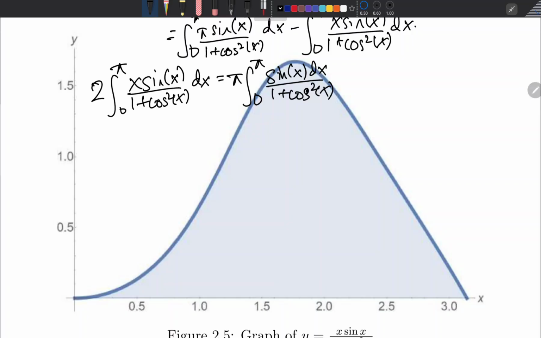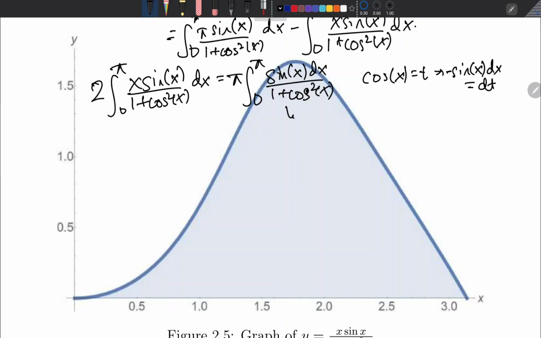Now we have to evaluate this integral, and this is kind of easy because you plug in cosine of x equals t, so that gives us sine of x dx equals dt, right? And if we talk about limits, cosine of 0 is 1 and cosine of, wait a second, I think I made a mistake here, because the derivative of cosine is minus sine of x, right?